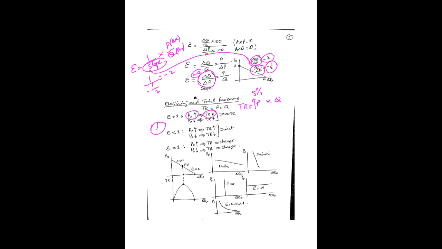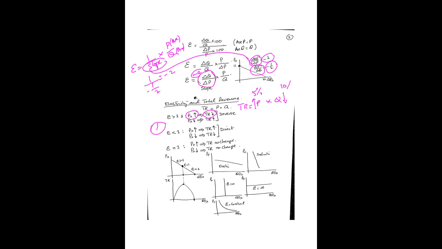But since demand is elastic, the quantity demanded for the same product will decrease by more than the 5% increase in price. That is the meaning of elastic demand. So quantity demanded will decrease by, let's say, 10%.